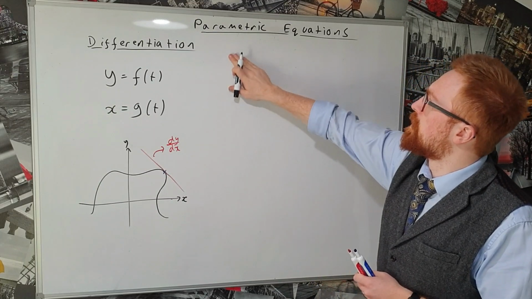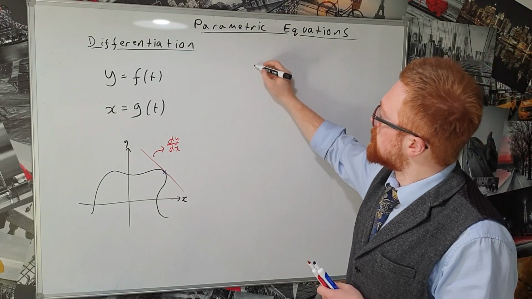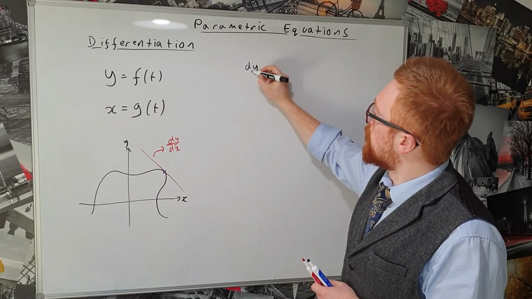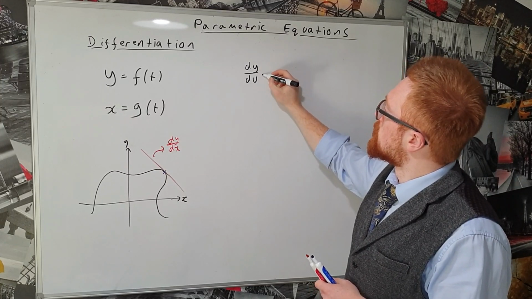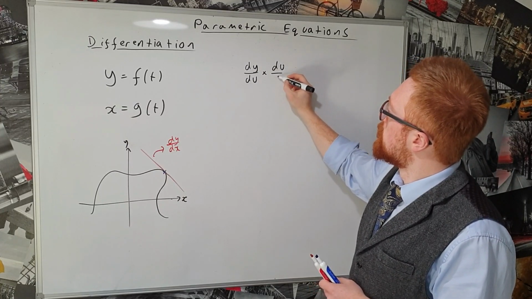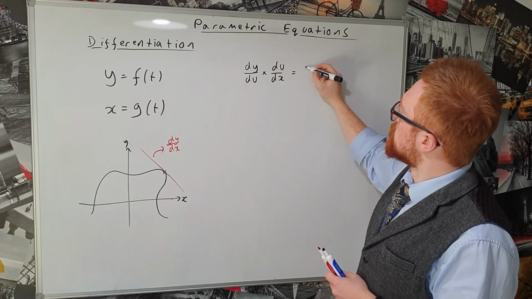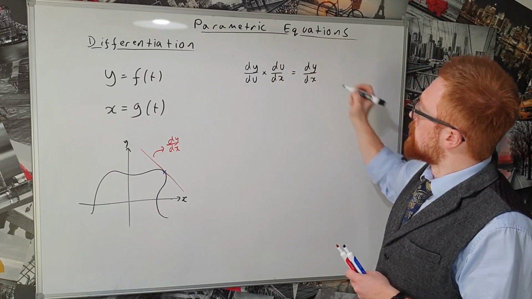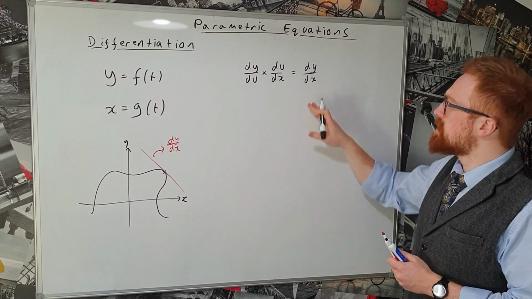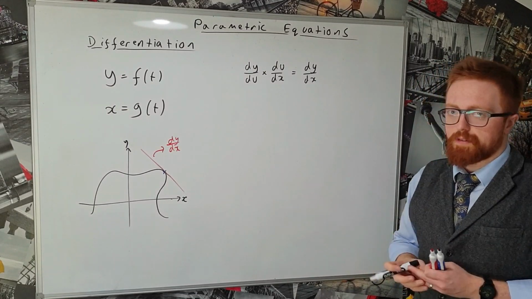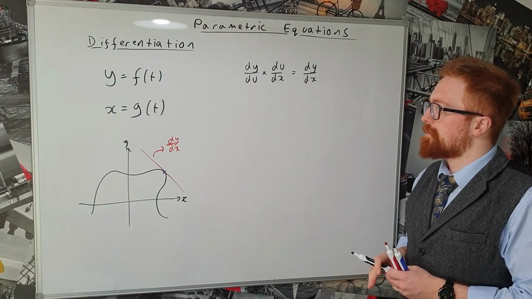So as you'll recall, the chain rule is dy/du times du/dx is equal to dy/dx. And we're going to use this fact to help us figure out what we need to do over here.